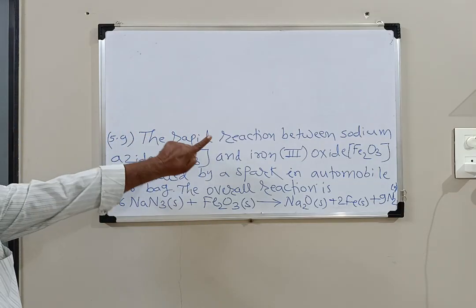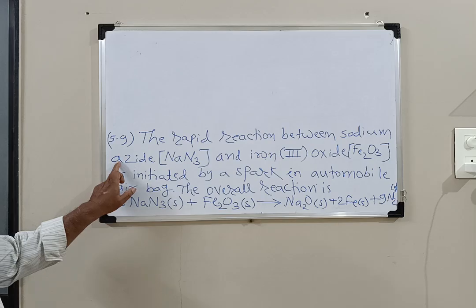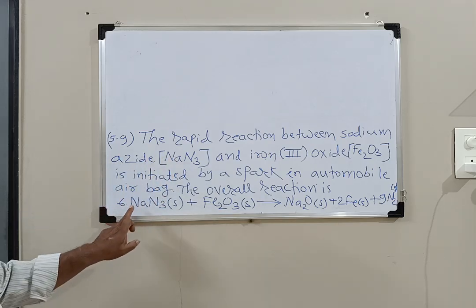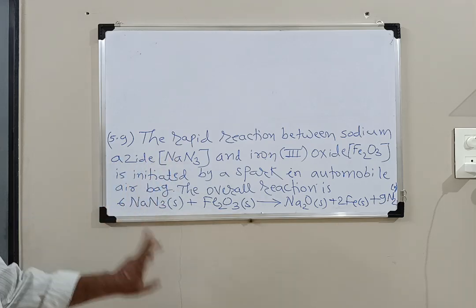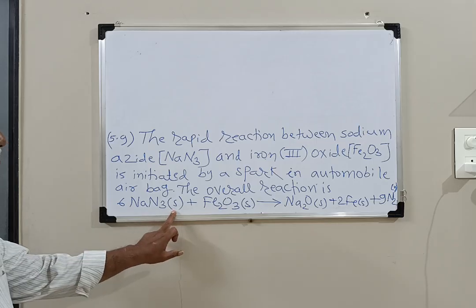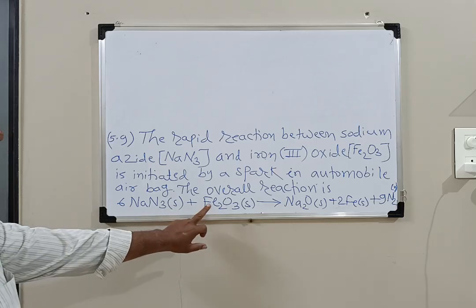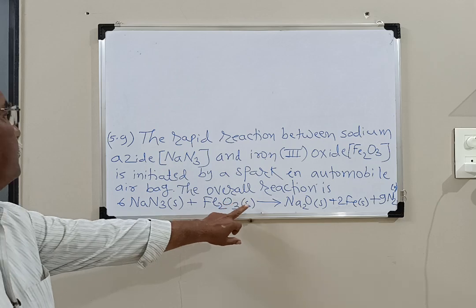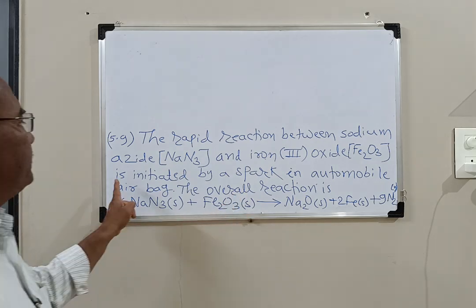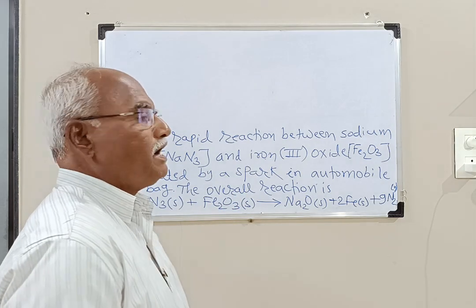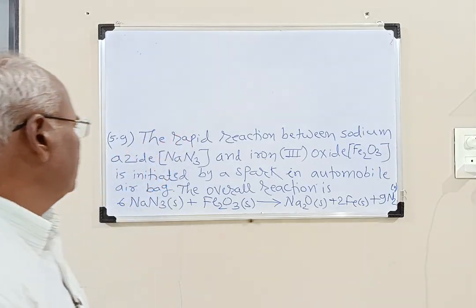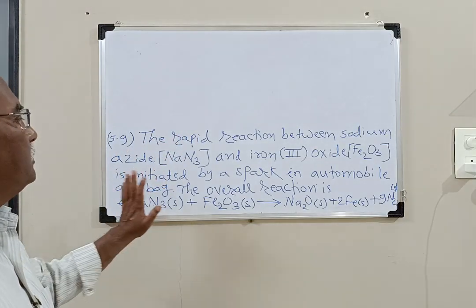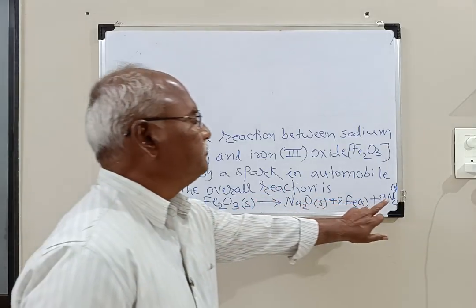The rapid reaction between sodium azide, that is 6 moles of sodium azide in solid state, and iron oxide in solid state, is initiated by spark in automobile airbag. The overall reaction is like this.